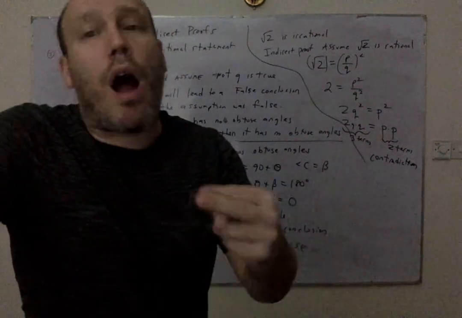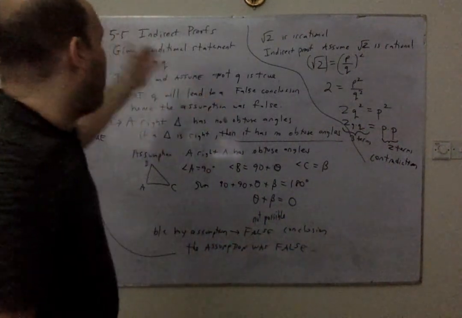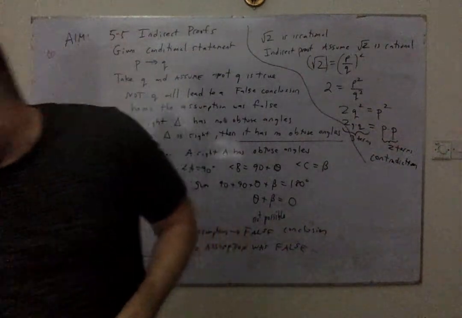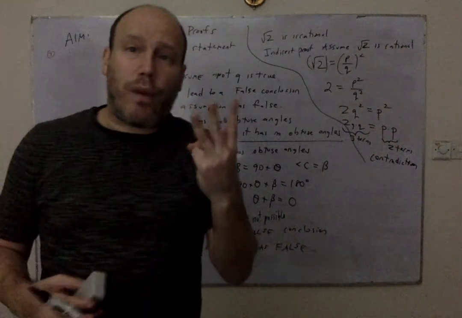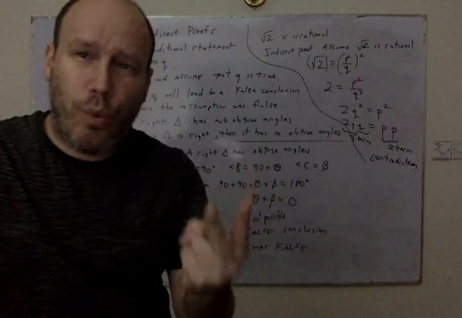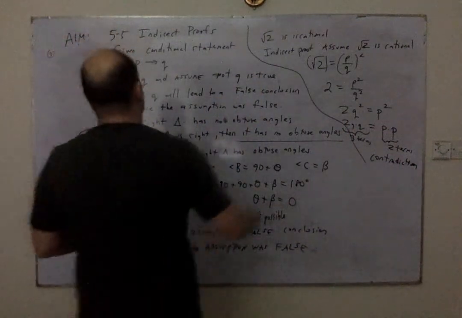Immediately you run into a contradiction, and that's the idea of indirect proof. Okay. That is 5.5. So it's another technique. So now we have 3 techniques for proving: deductive reasoning, coordinate geometry, which we're going to get back to, and now indirect proof.